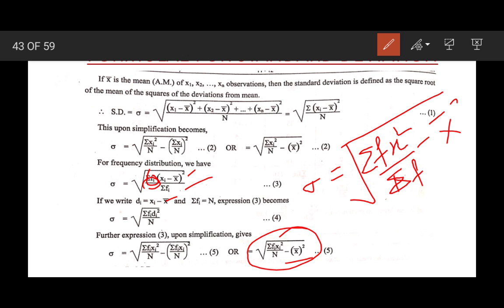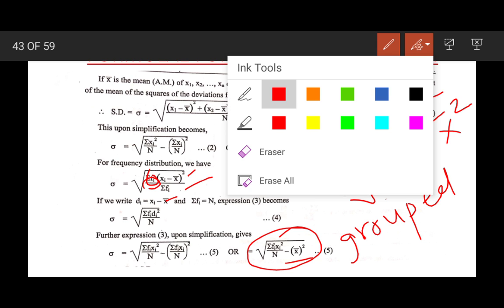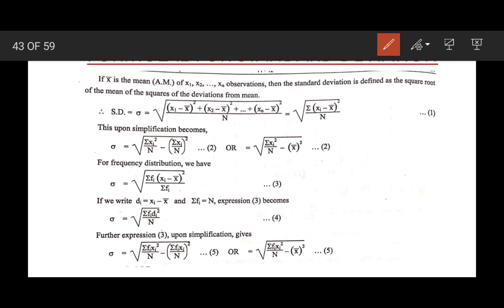Grouped data means grouped discrete data and grouped continuous data. So the formula is clear. For ungrouped data, it is under root of summation x square upon n minus x bar square. For grouped data, it is under root of summation f into x square upon summation f minus x bar square.